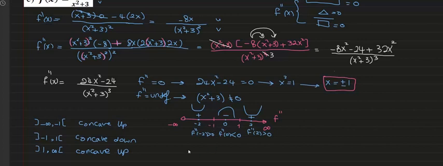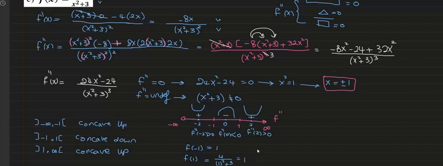We need just to double check that the points exist in the function. So we are going to get f of -1 and f of 1. f of -1 is going to be 1, and f of 1 we return to the function itself, which is 4 over 1 squared plus 3, and this is equal to 1 as well.